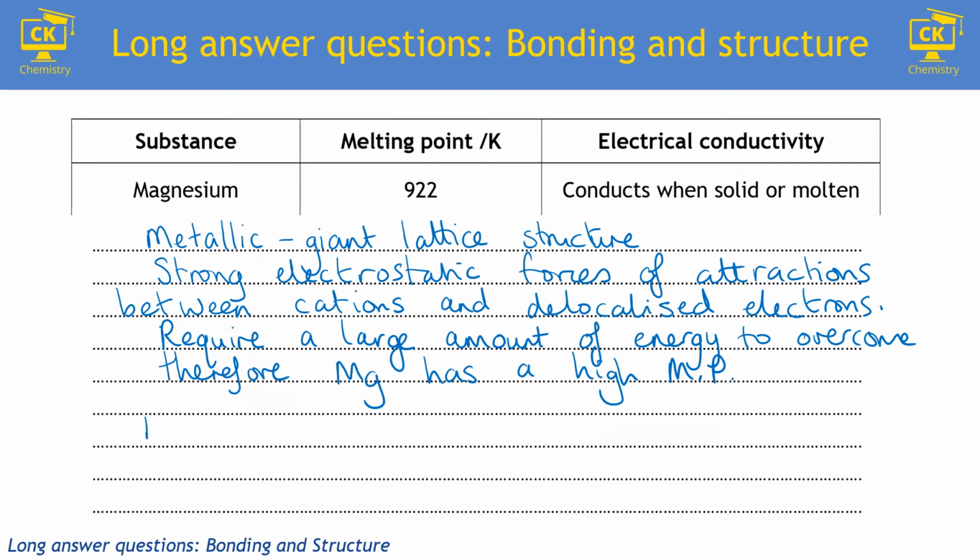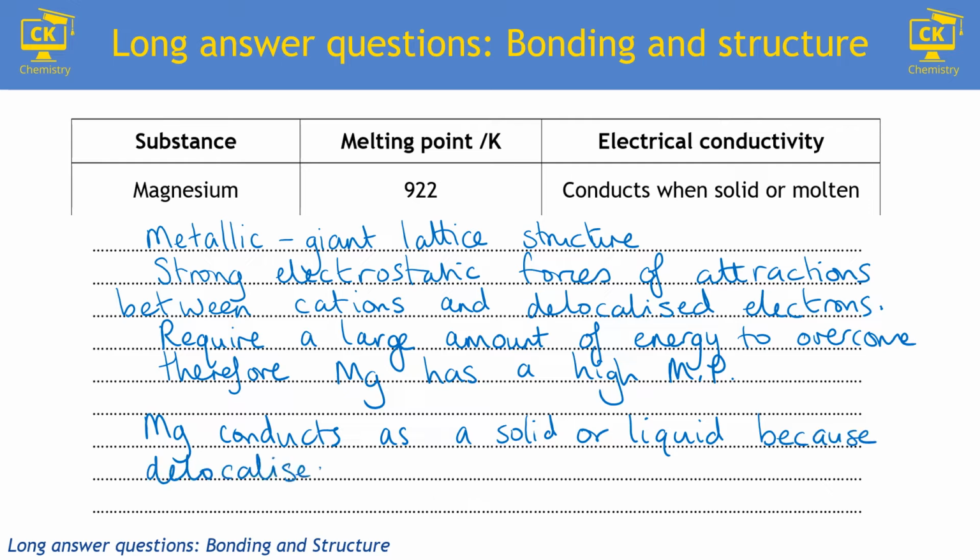So we can say that Mg conducts as a solid or as a liquid, which is what molten means, and it is because the delocalized electrons are free to move. That is what we mean by delocalized. They can move through the structure, they can carry charge. Don't just say they can carry charge. It really is about the movement, the free movement through the structure that results in conductivity.